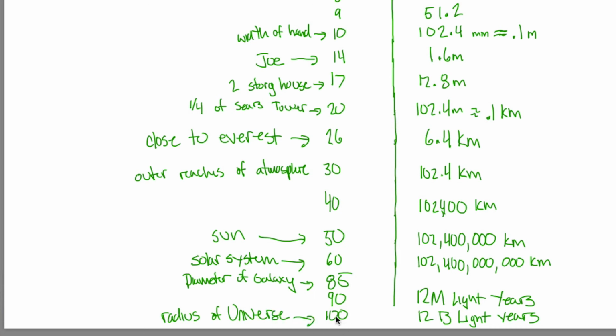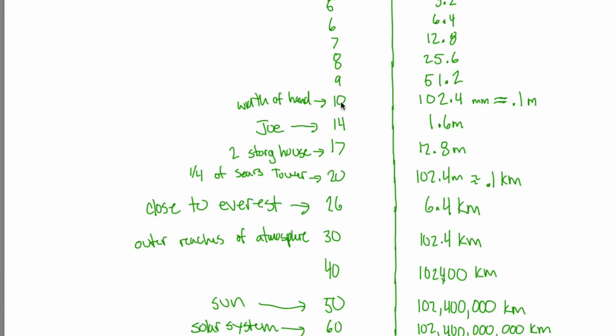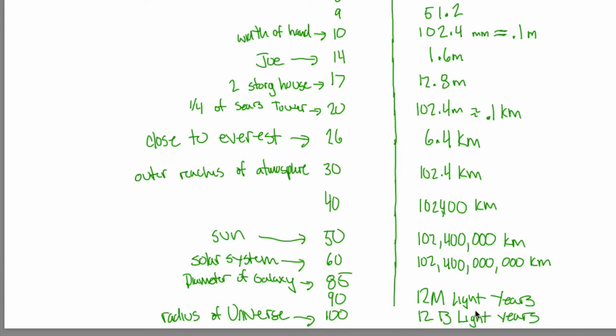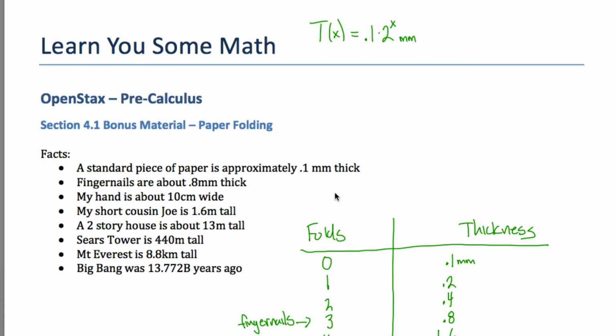Which is wild. So all this to say, you couldn't fold a piece of paper in half 100 times, let alone 50 or even 10 times. But if you could, in this hypothetical math world, just by following this function, you would see that your stack of paper would get really, really thick. All of this to show that exponential growth occurs very quickly.